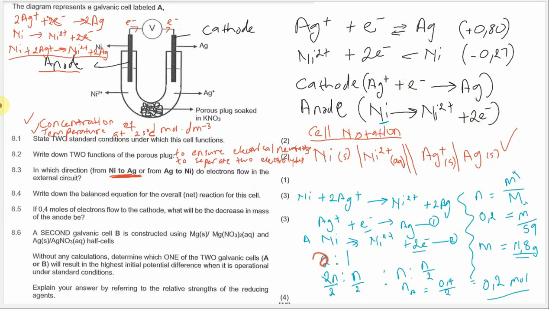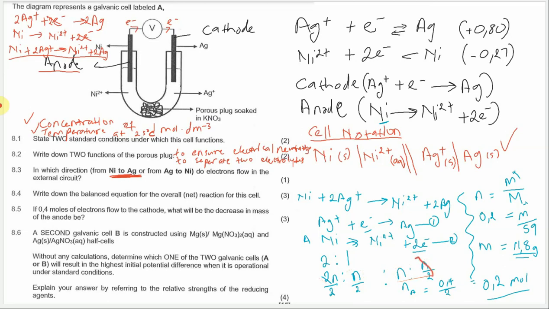So you'll have their ratios written this way, which means you will have 2 multiplied by n for the number of moles, and you're going to have n here because it's 1. Since we are looking for the number of moles for the anode, we just divide both sides so that you can get your answer this way.